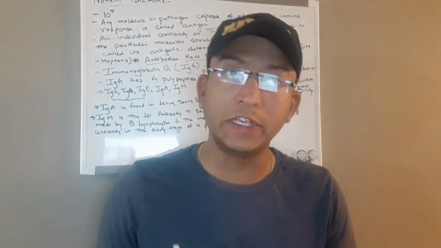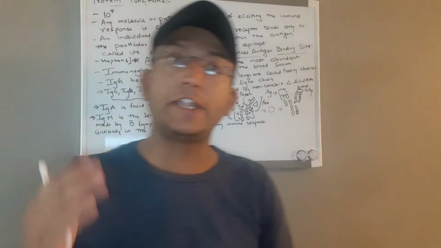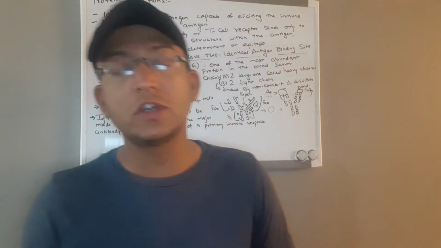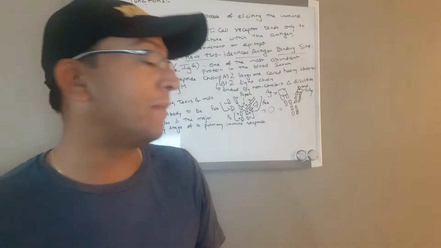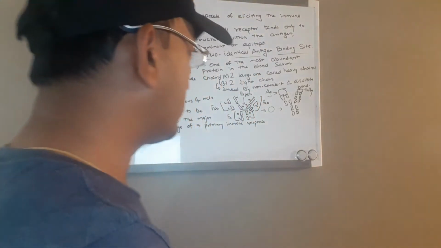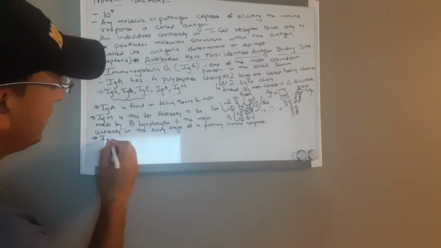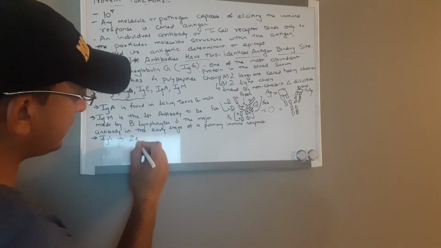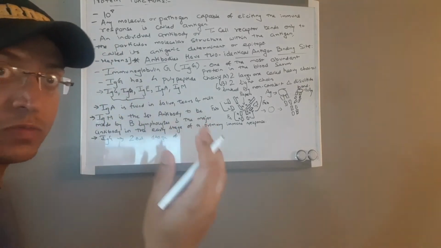The IgG that we studied before is the major antibody in the secondary immune response, which is initiated by a class of B cells called memory B cells. So IgG comes in the second stage of the immune response.